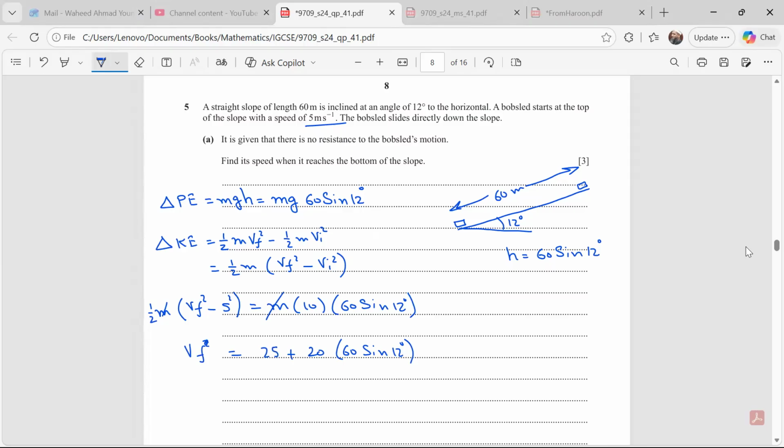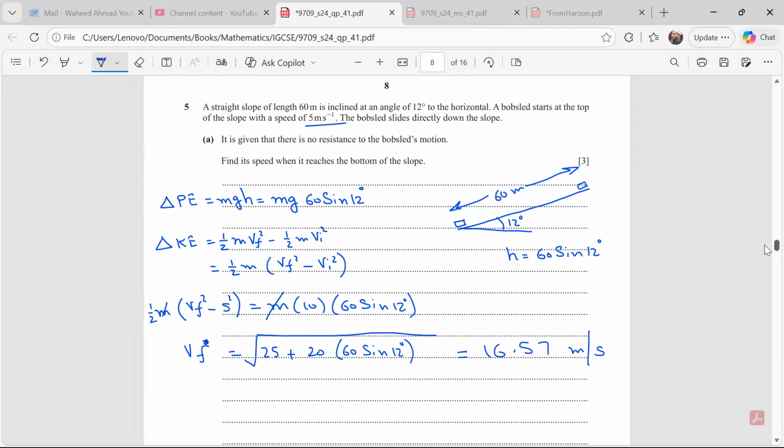If I take the square root, vf is the square root of this thing. This all comes out to be 16.57 meters per second. So it started with a speed of 5 meters per second. When it reaches the bottom of the slope, its speed will be 16.57 meters per second.